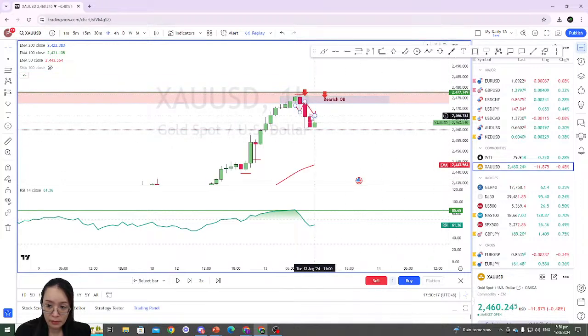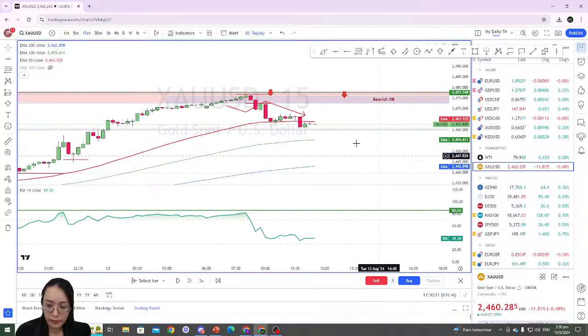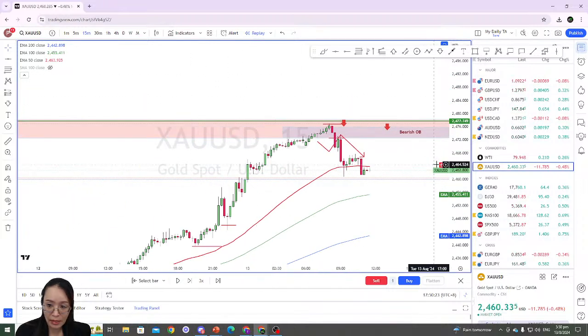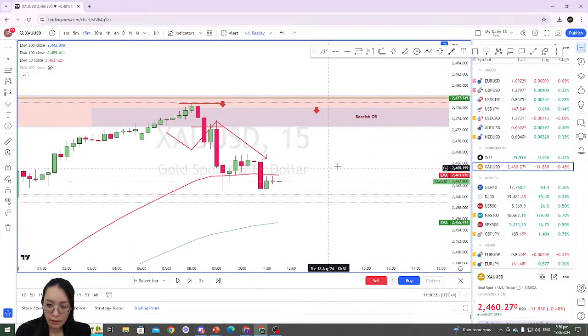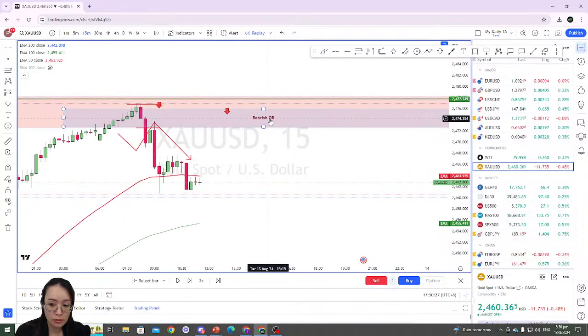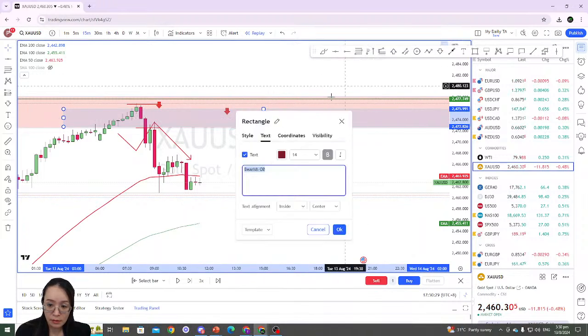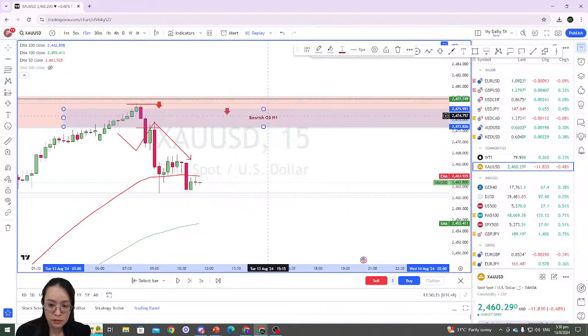This is what M15 looks like. This is our bearish order block based on H1, which is here.